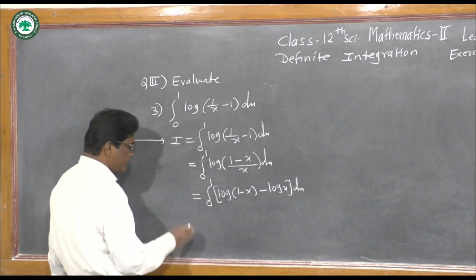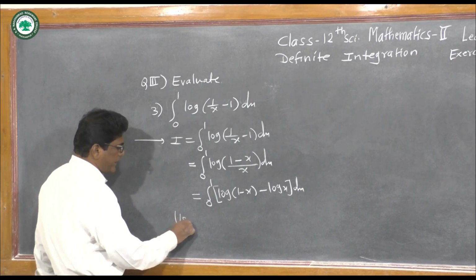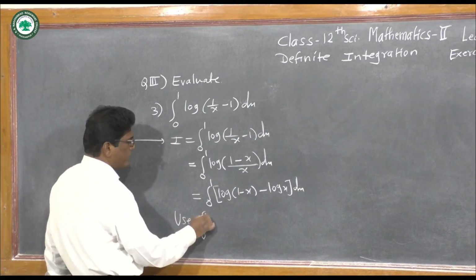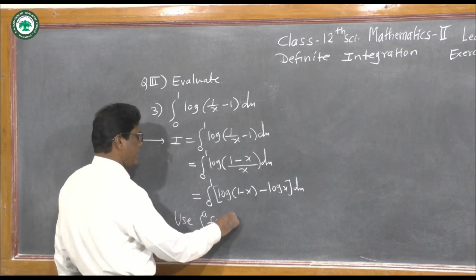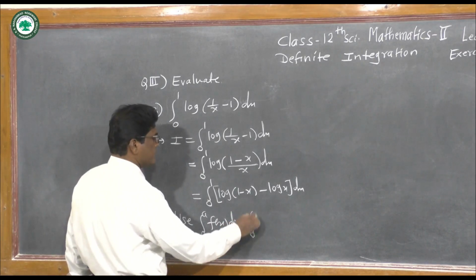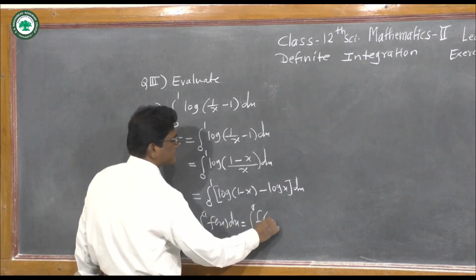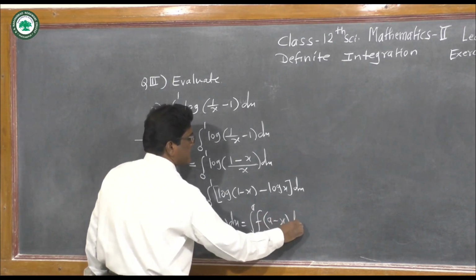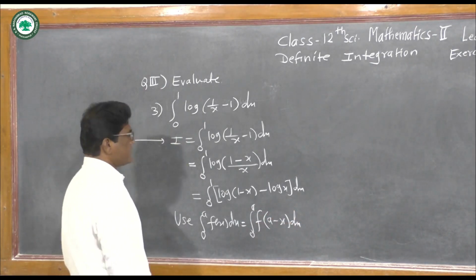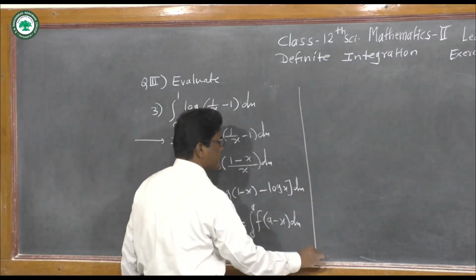And now we use the property, integration 0 to a f of x dx is equal to integration 0 to a f of, replace this x by a minus x dx.